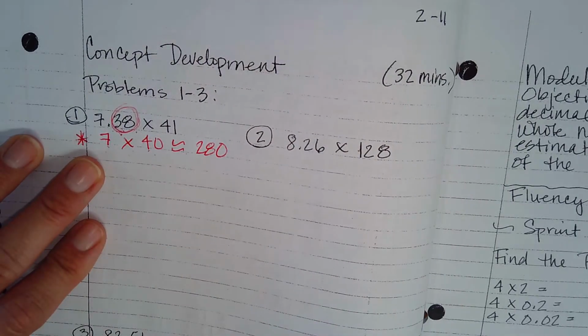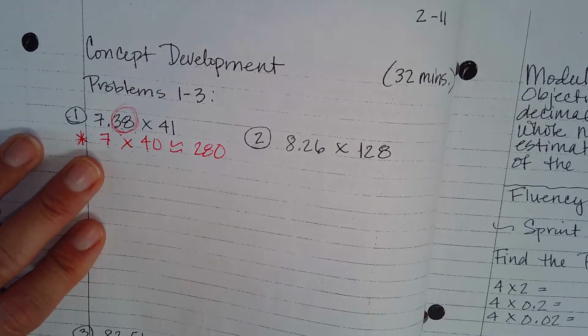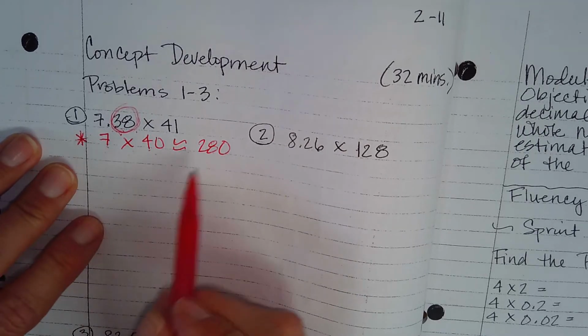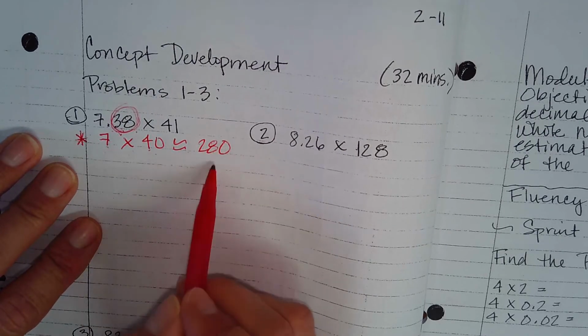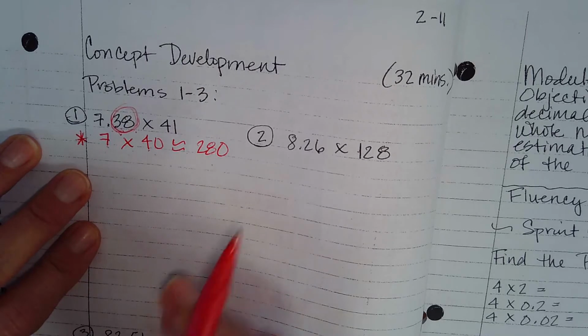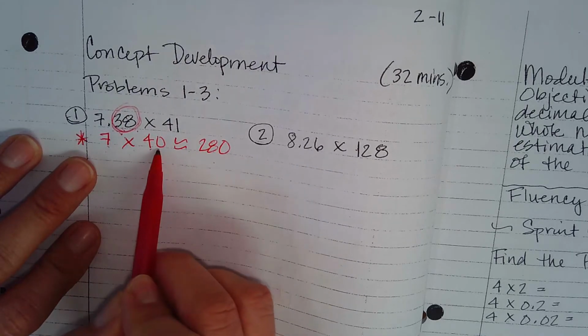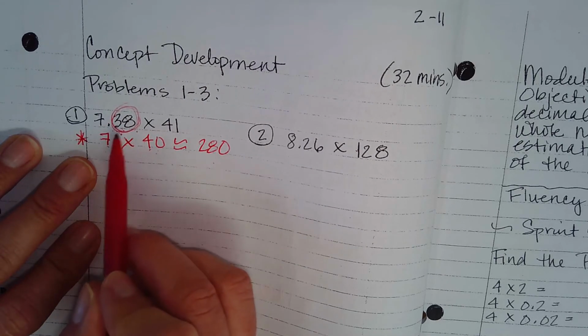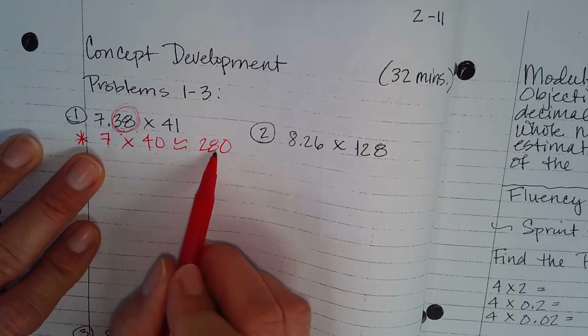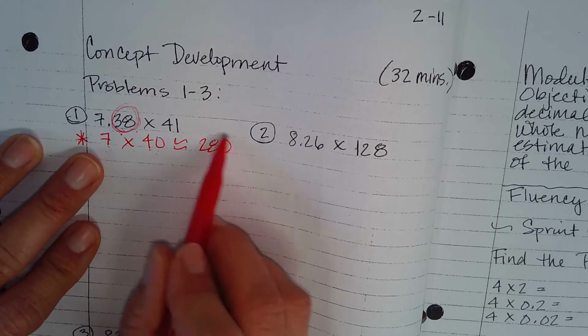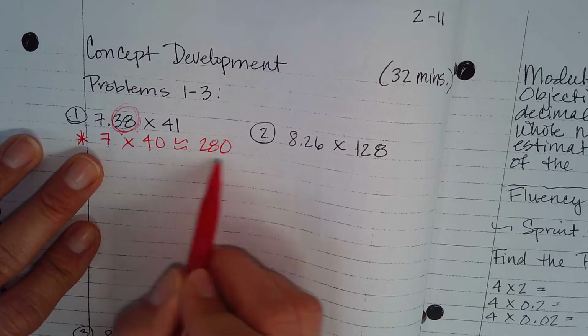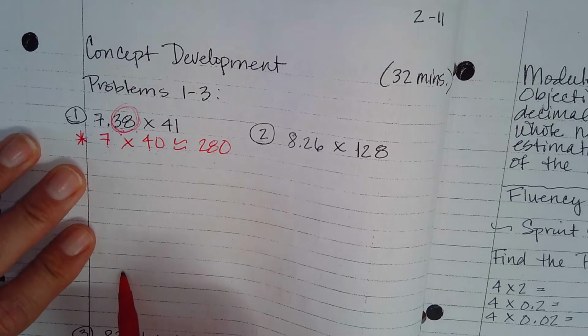So then we go, okay, my product, what I'm actually going to get, should be around 280. Now remember though, we rounded down on this problem and we rounded down on this problem. So this is definitely going to be smaller or less than our actual answer.